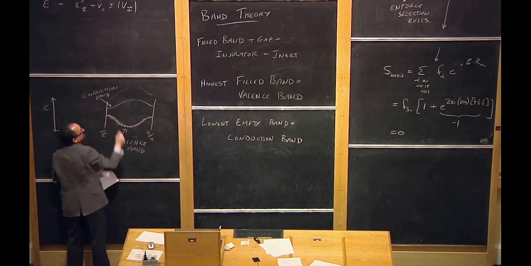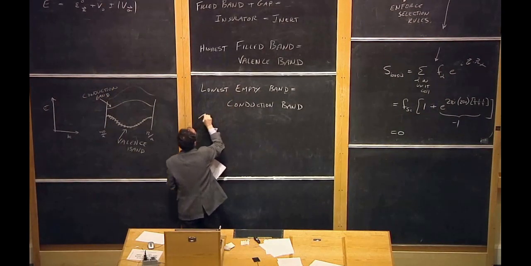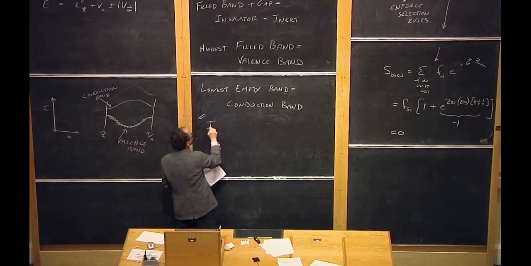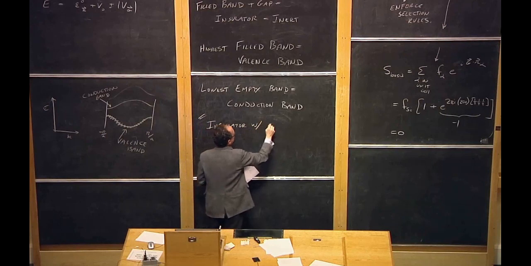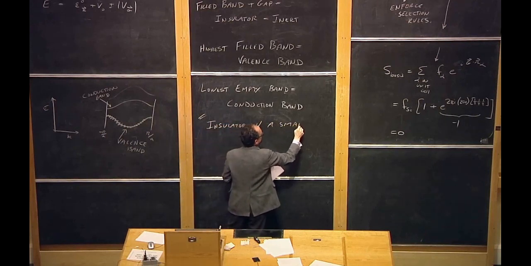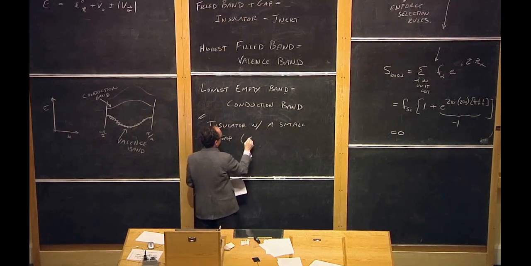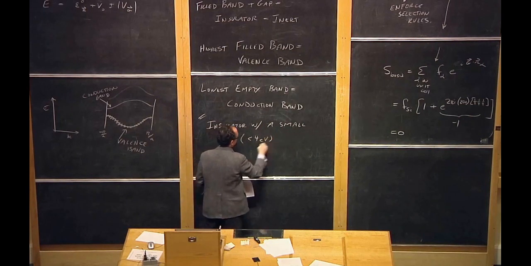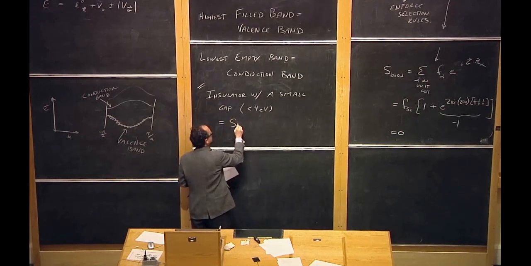Conduction band. Okay. So another important statement: an insulator with a small gap is known as a semiconductor. And small here is less than about 4 electron volts.